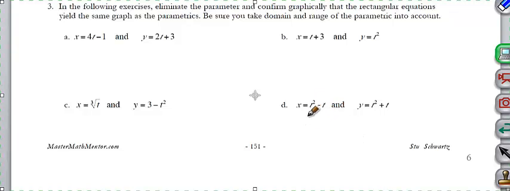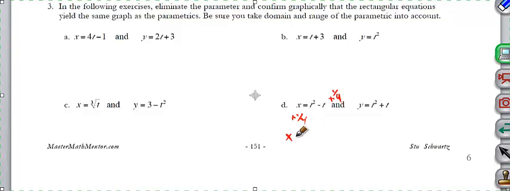So what we're going to do for d here, which looks a little bit tricky, is solve for t. One of the ways we can do this for this particular problem is to try to complete the square. So we take half of our middle term and we square it. So half of the number, 1 over 2 squared, would be 1/4. We have to add that to both sides.